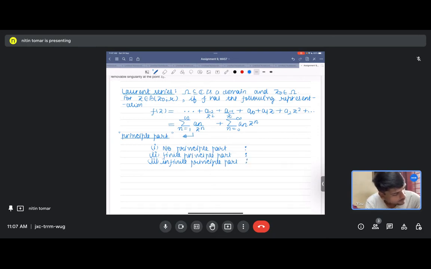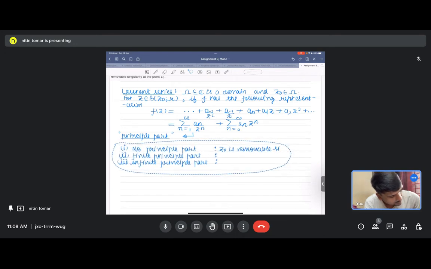So it is about z naught. If there is no principal part, z naught is a removable singularity. If the principal part is finite, we say z naught is a pole.